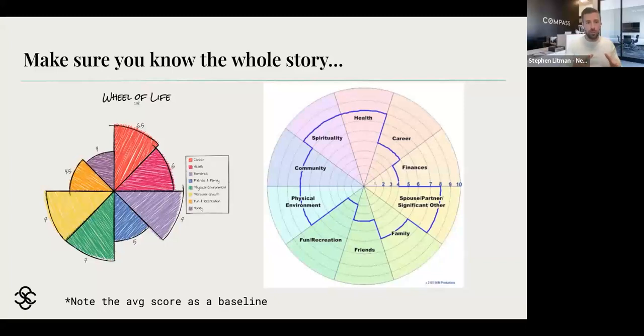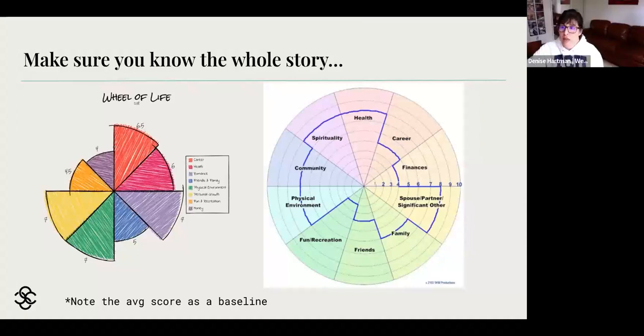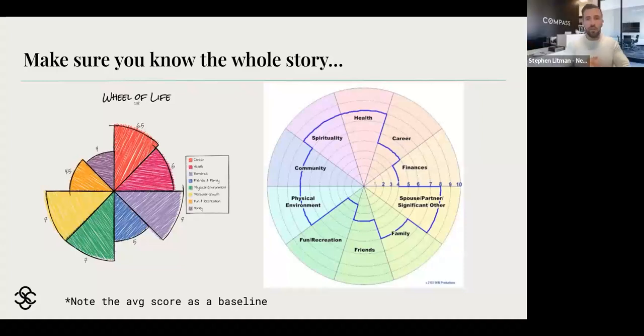However, how you feel in one area, do we think that impacts every other area? Yes or no? 100%. Yeah, absolutely. So for example, if we look to the right over here, if I'm someone who has a 4 in finances, I may have hesitations around telling my client that they need to make a higher offer.